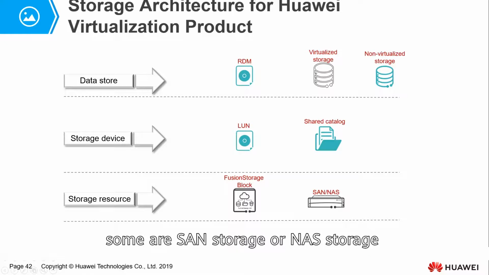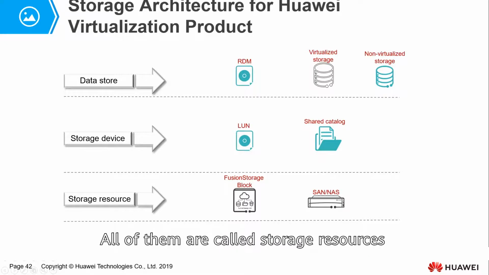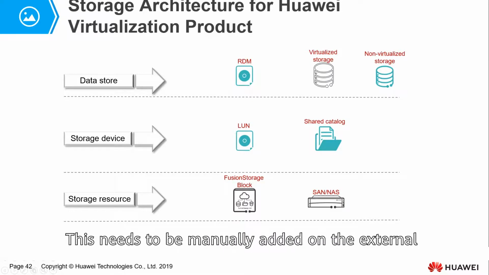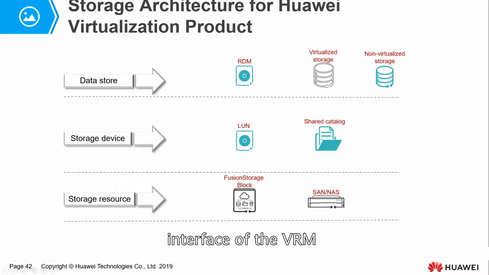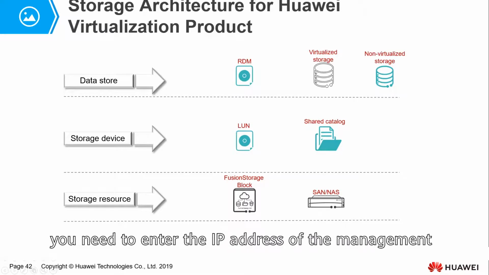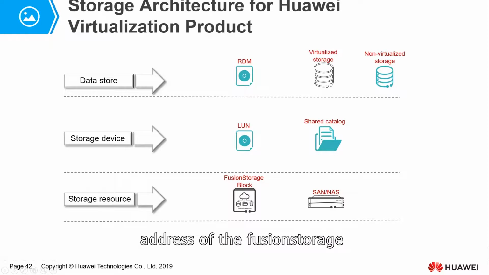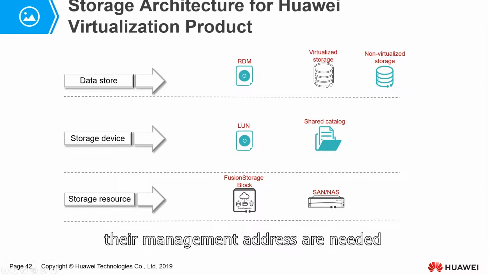Some are SAN storage or NAS storage. All of them are called storage resources. These need to be manually added on the interface of the VRM. For efficient storage, you need to enter the IP address of the management address of the efficient storage. For SAN storage and NAS storage, their management addresses are also needed.